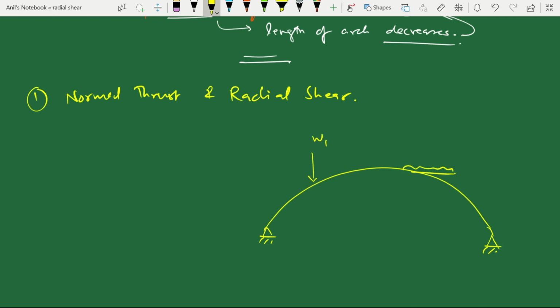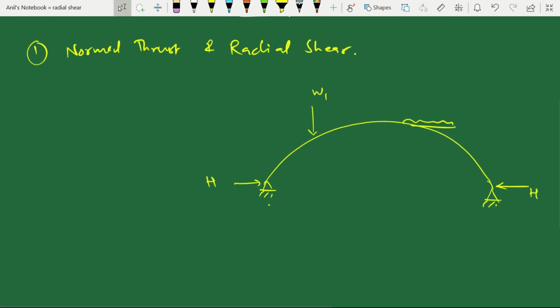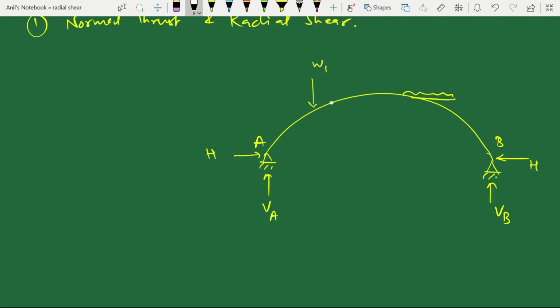There can be UDL, etc. Now in this case H is the horizontal reaction, which is also called horizontal thrust, and then we have vertical reactions at the two points A and B. Now consider a point somewhere on the arch, let us say point D, and the coordinates of D are x and y with respect to A. So we are taking A as origin. This distance is x and this height is y.